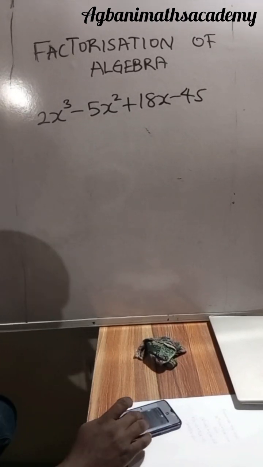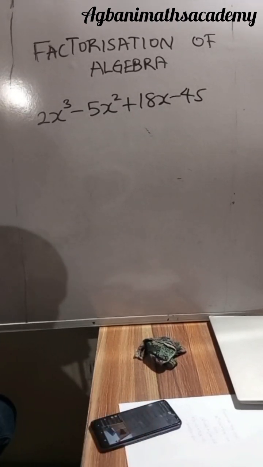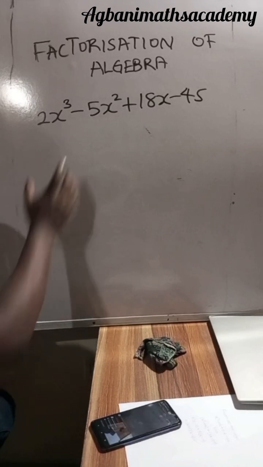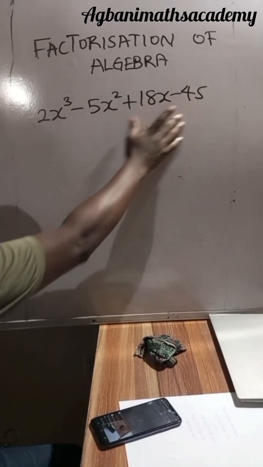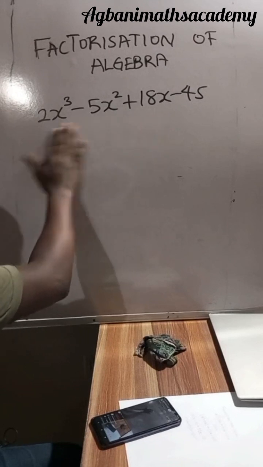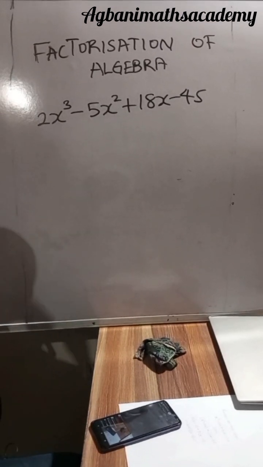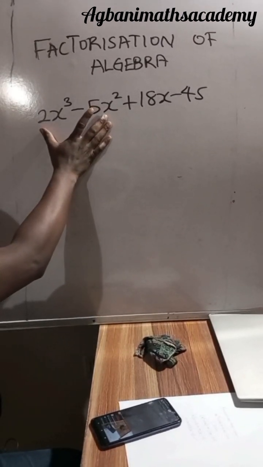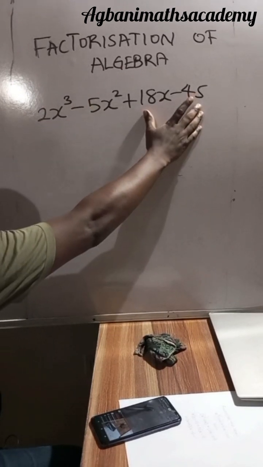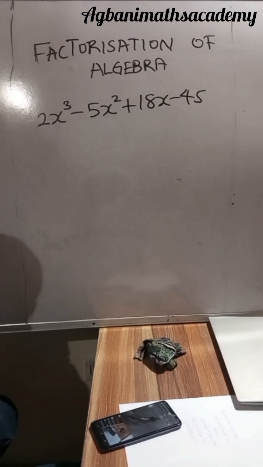In order to factorize this, as we did in the last example, we are going to look at this algebra in groups, okay? So we are going to pick the first two as the first group, and the third and fourth as the second group.